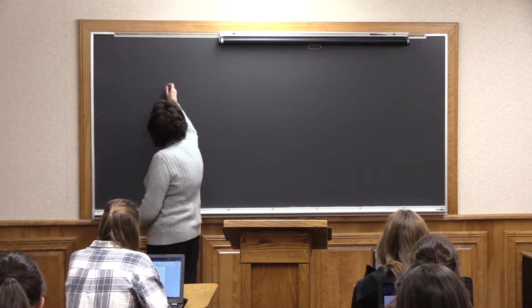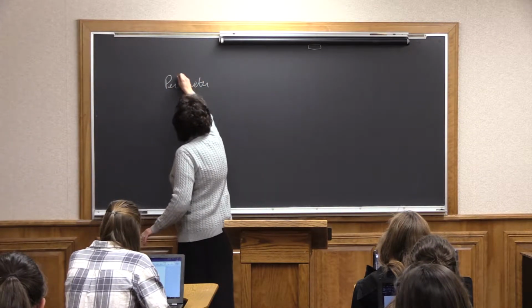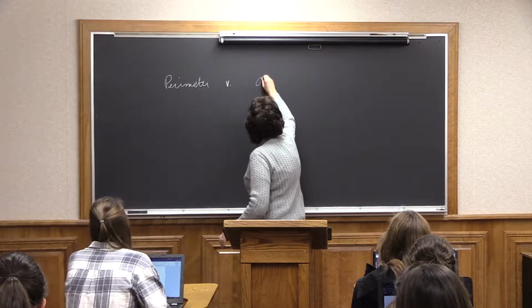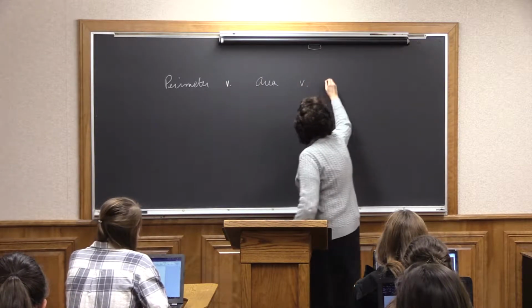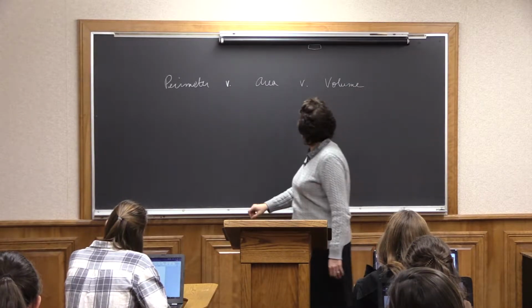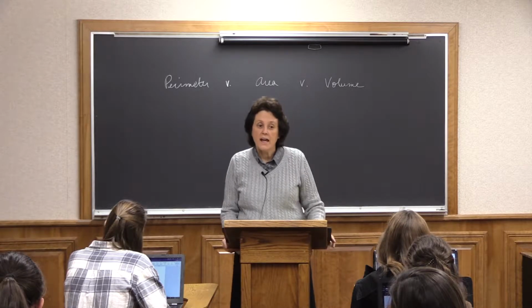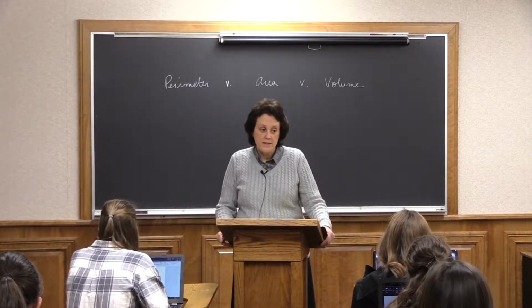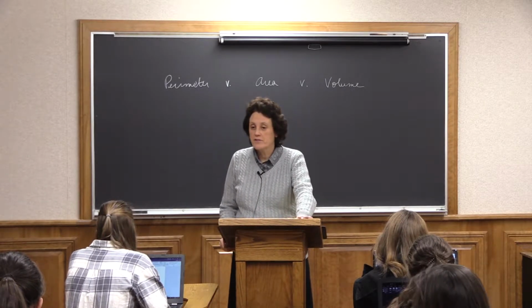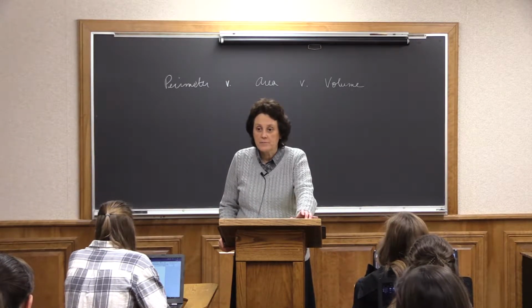All right, so let's contrast perimeter versus area versus volume. It's important that we understand the difference between the two so we're not so dependent on memorization of formulas, and so we can explain the background of the formula to our students and we can make them see more concept.